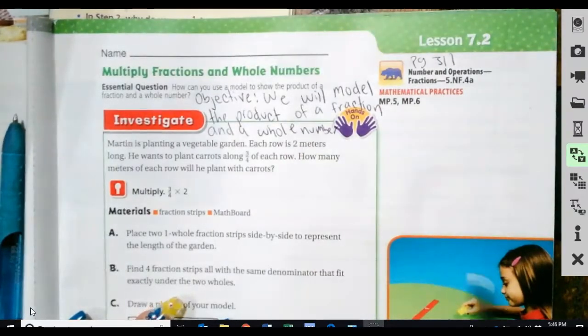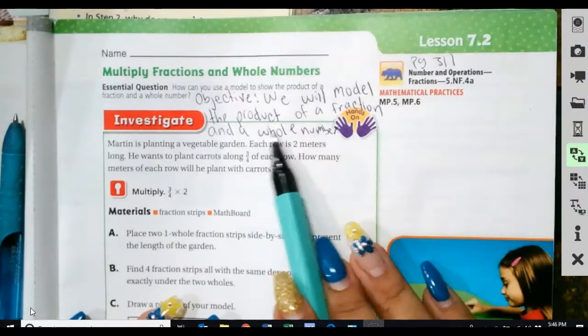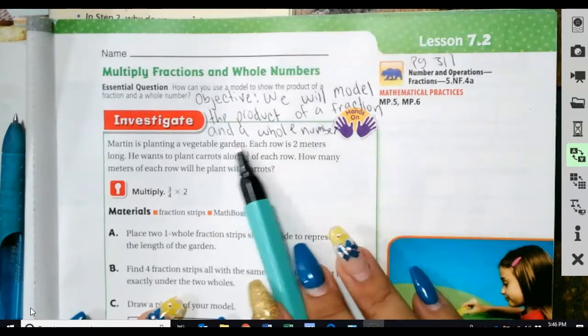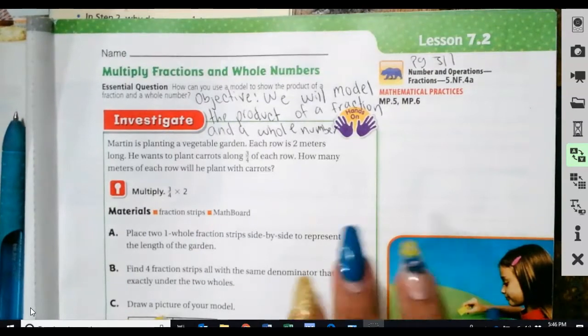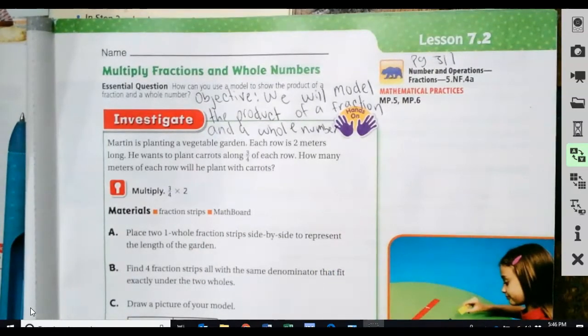Okay, we will model the product of a fraction and a whole number. So we could use manipulatives for this lesson, but I also think that this is going to be good so that you can draw it yourself.